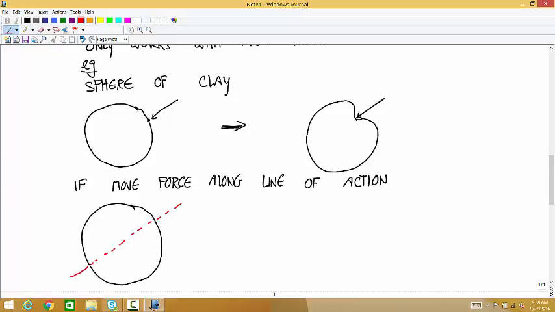So say you move that force to here. The behavior is going to be different in this case. That clay is going to deform differently. If it's a rigid body, you don't get those deformations, and so you don't have to worry about stuff like that.